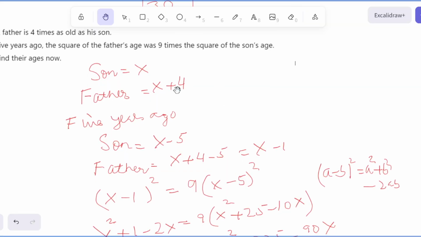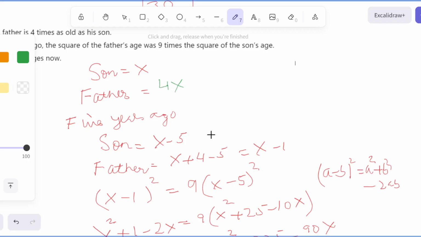So not x plus 4, it should have been 4x. Here we made a mistake. We thought it's 4 more, but it's 4 times. So here we need to do 4x, and then we have to do all the corrections everywhere.